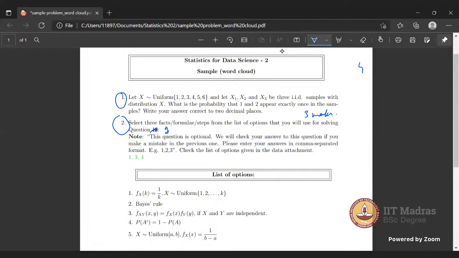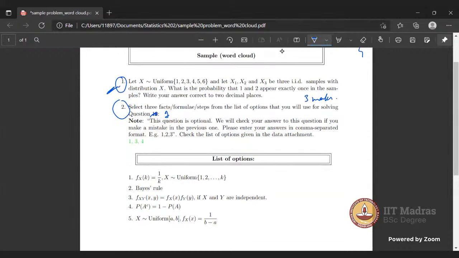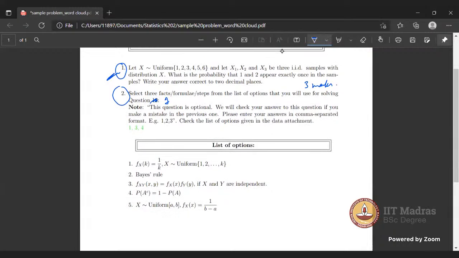So to solve this problem number 1, what all possible steps or facts are you using? There will be a list of options. Here I have put just five options. In your paper you will have many, let's say a set of 20 to 25 options, from where you will have to select the steps, formulae or facts that you are going to use to solve the first problem.